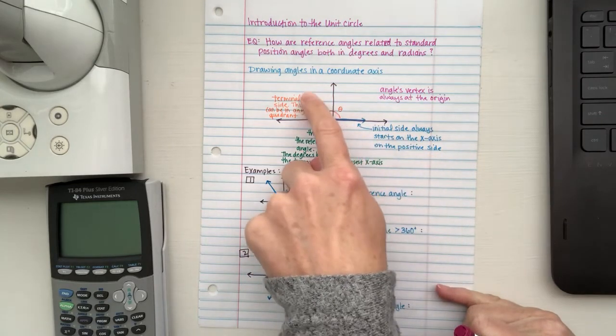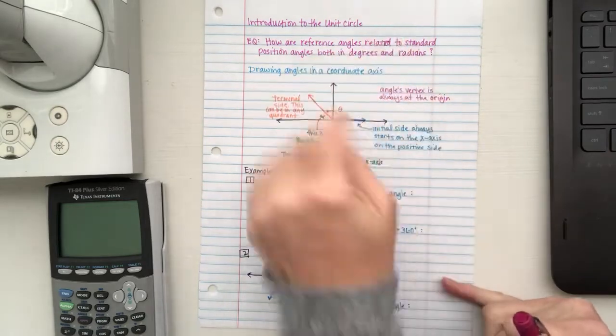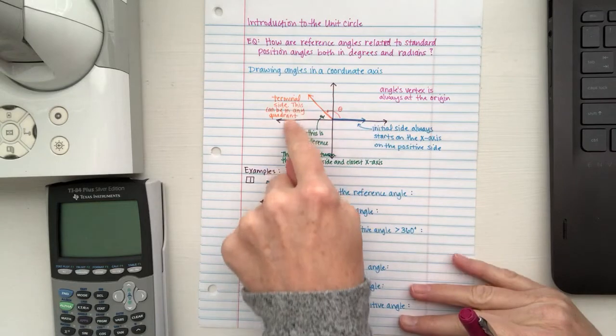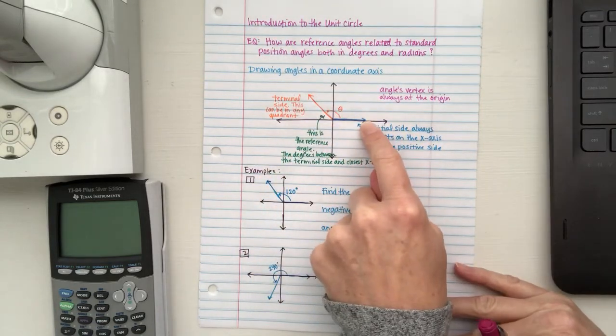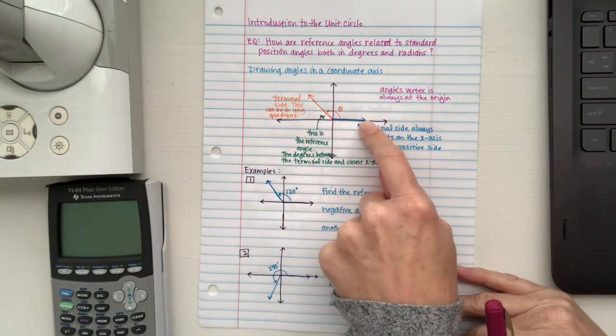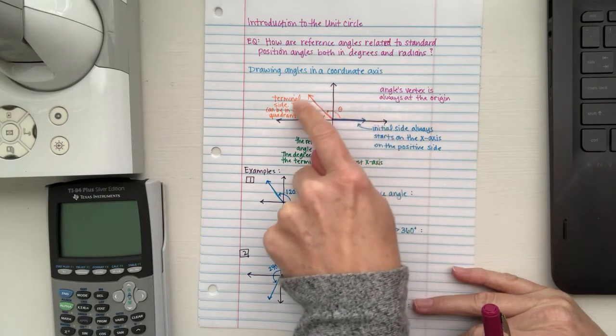The terminal side can be in any quadrant. We can open it just a few degrees, or we can open it a whole lot of degrees. What I want you to think about is how many degrees will I have if I go all the way around back to my initial side? Well, that should be 360 degrees, right? We completed a full circle. What if I open it up exactly halfway?